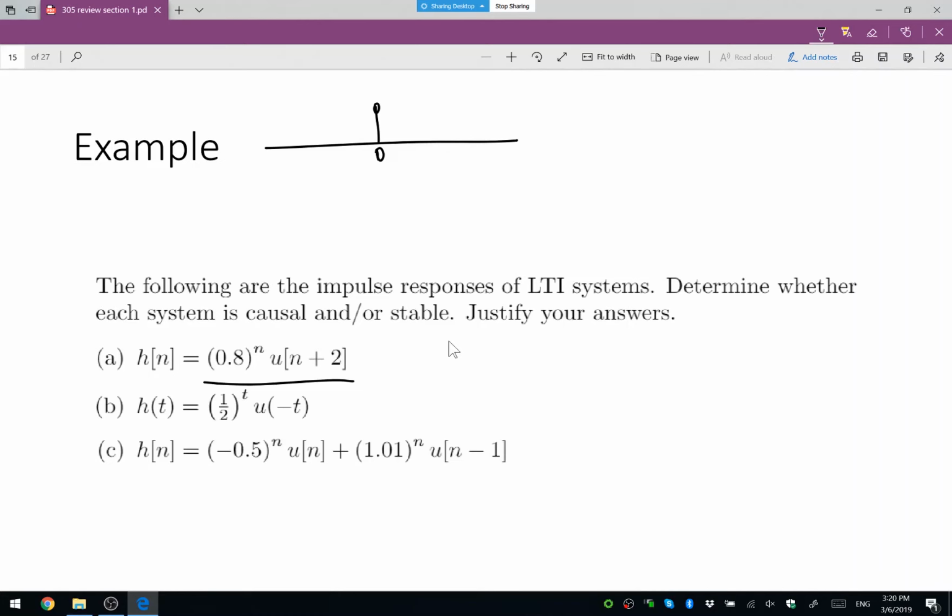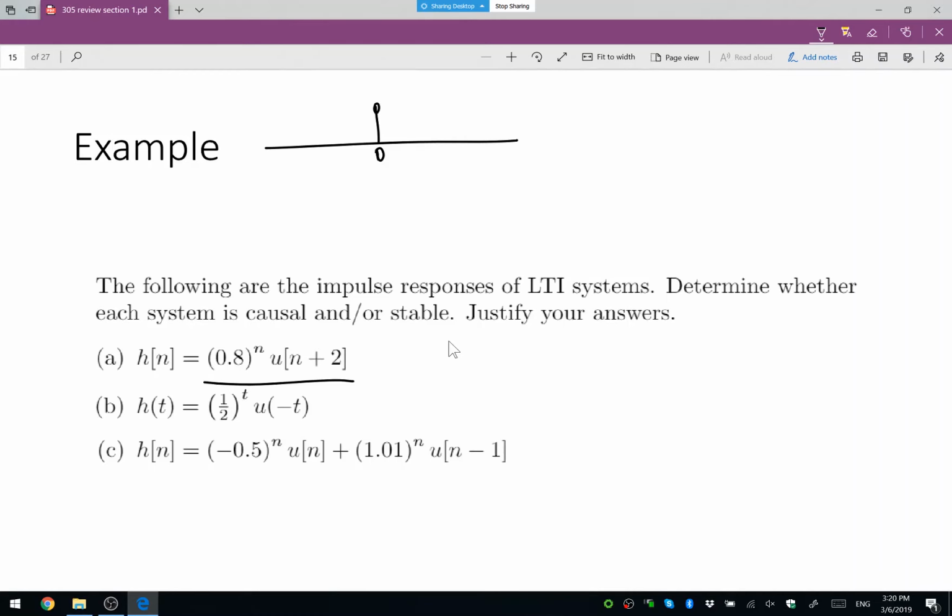That means there is no input before 0. Only when n equals 0 there is an input. When a system is causal, there is only output when there is input. So if the system is causal, there should not be any output before 0.